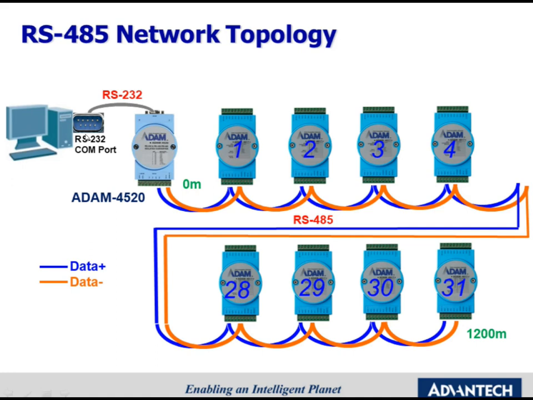This picture shows how you connect many ADAM with the RS-232 COM port on your PC. In RS-485 network, one master device can connect up to 31 slave devices, but the whole network distance cannot over 1200 meters.